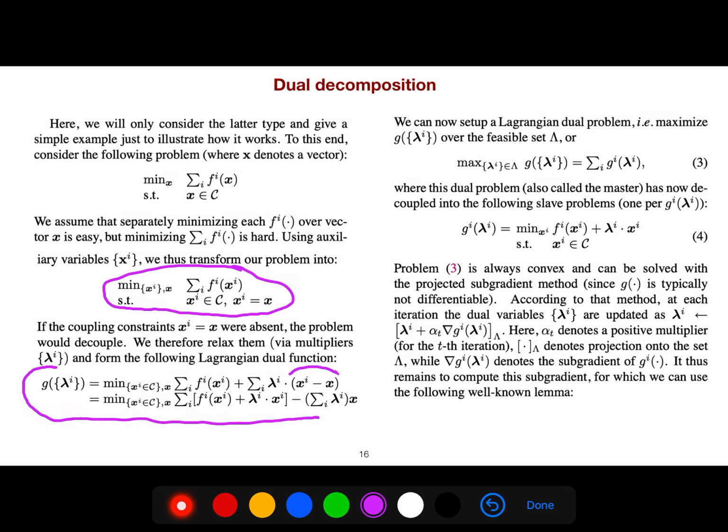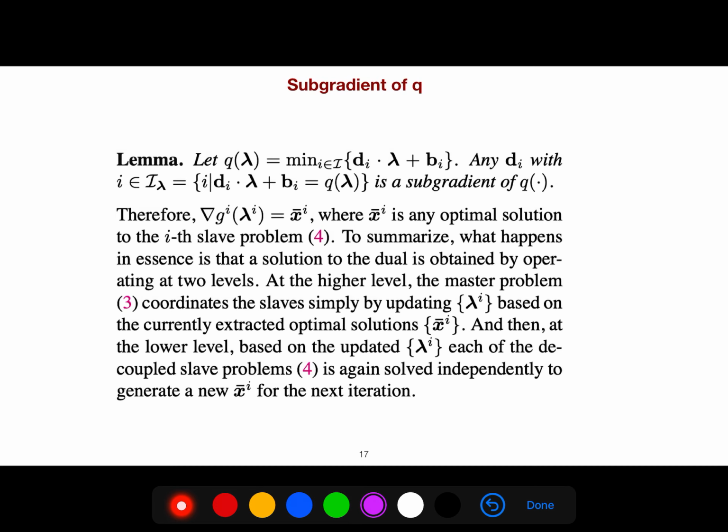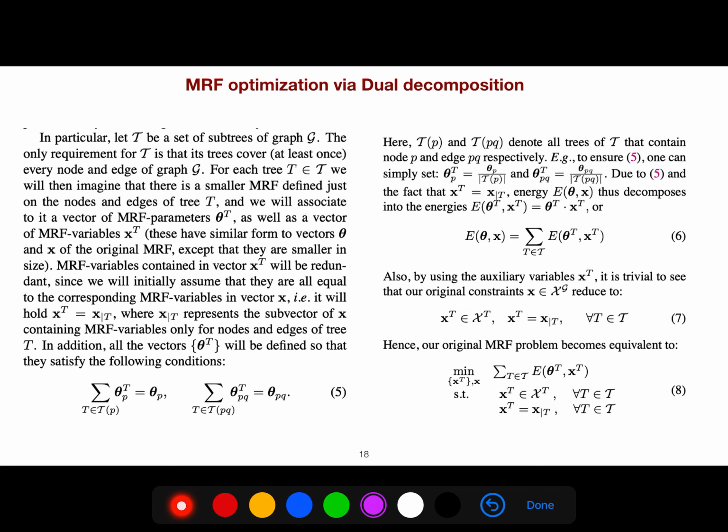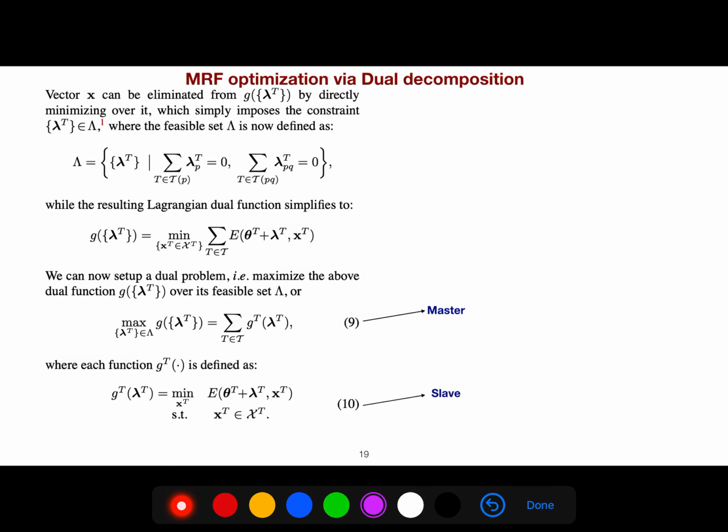You see, when xi is equal to x, our constraint is satisfied. And so this is a subgradient of Q. So this is the master and slave that I explained.